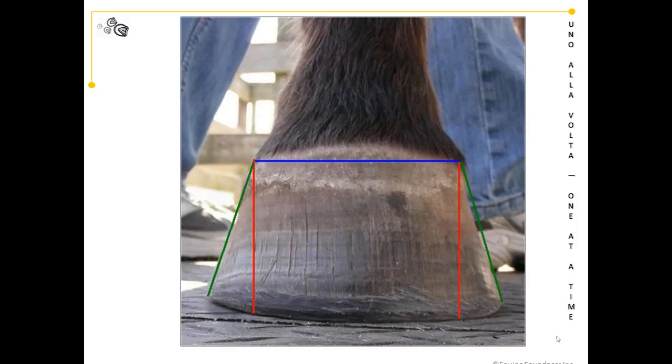When we look at the hoof from the front and want to talk about the wall length and height, the red line is wall height. The green line is wall length. The blue line is the hairline. Again, wall height, wall length.